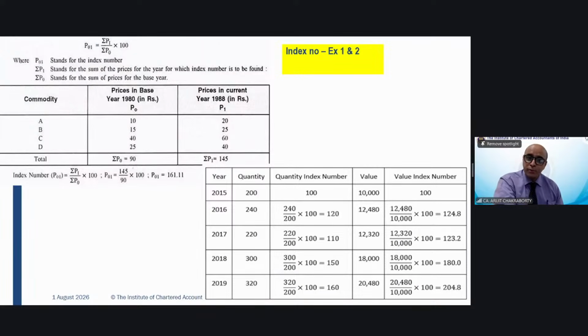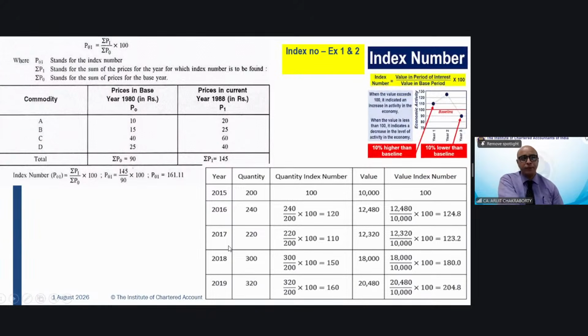I hope you are able to see through these two examples how the index number is calculated, along with the quantity index, price index and value index. So dear students, look again: index number means the value in the period of interest. Either we calculate price, or quantity index, or value index, but for the current year or year of interest in which we are concerned.